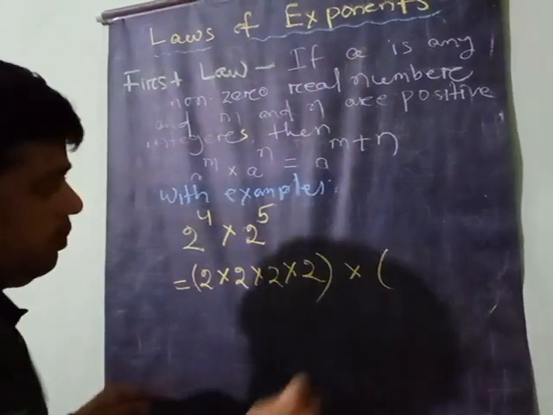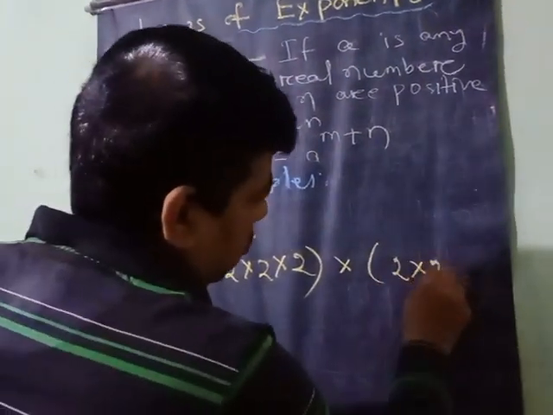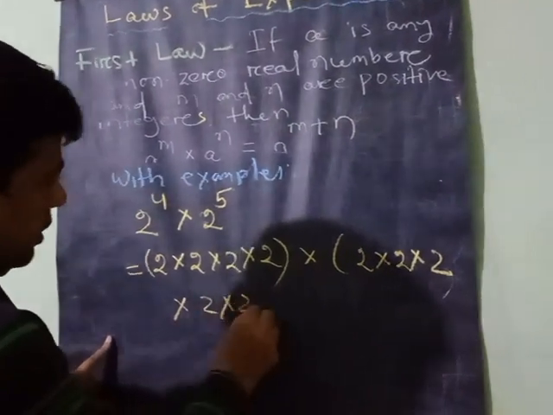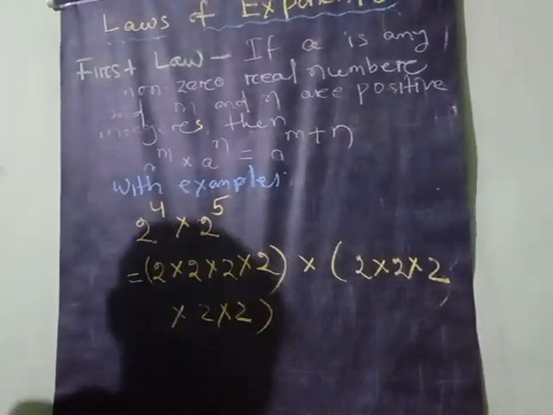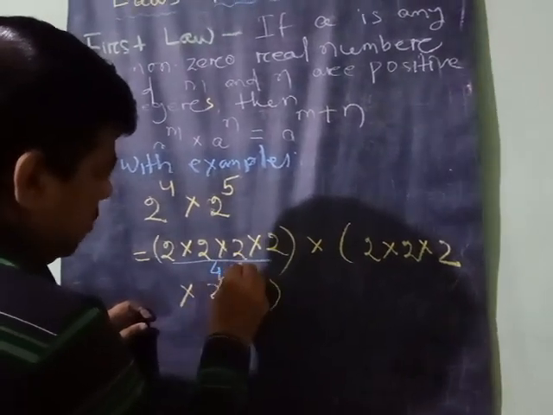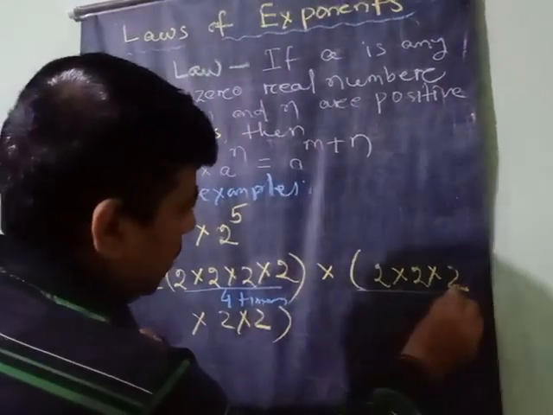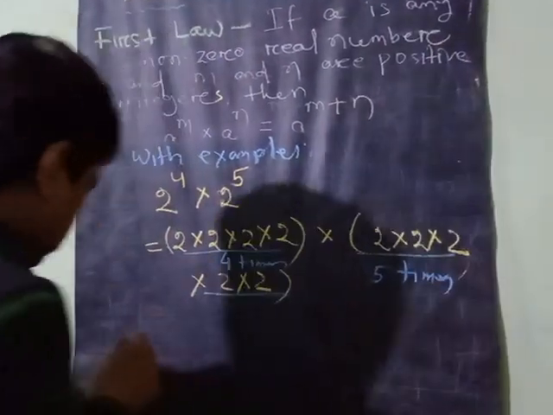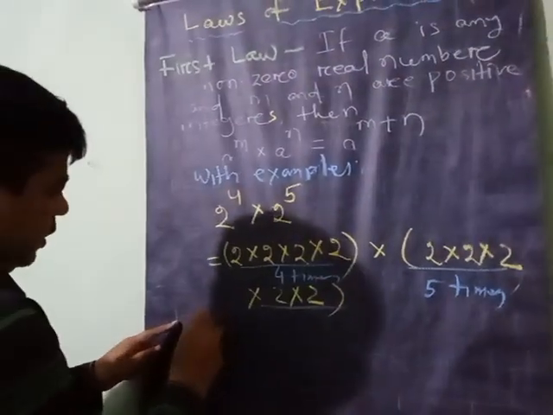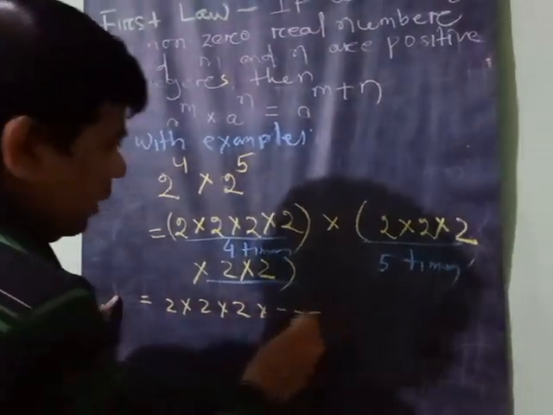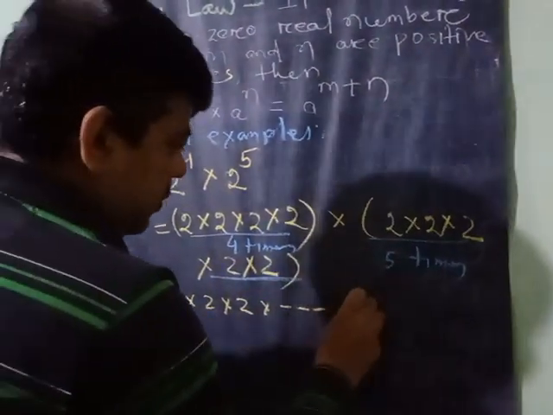Similarly 2 to the power 5 means you have to multiply 2 five times. So here 4 times, here 5 times. The total number of times you multiply 2 is 4 plus 5, that is 9 times.